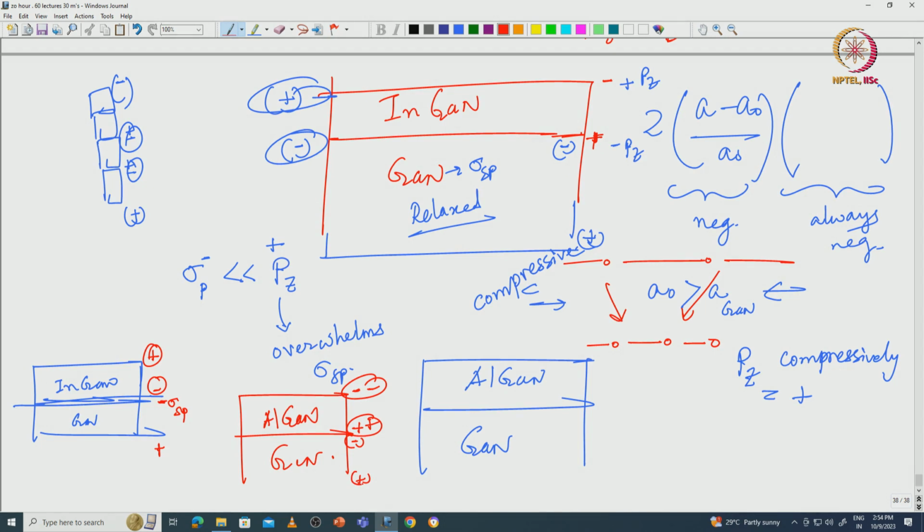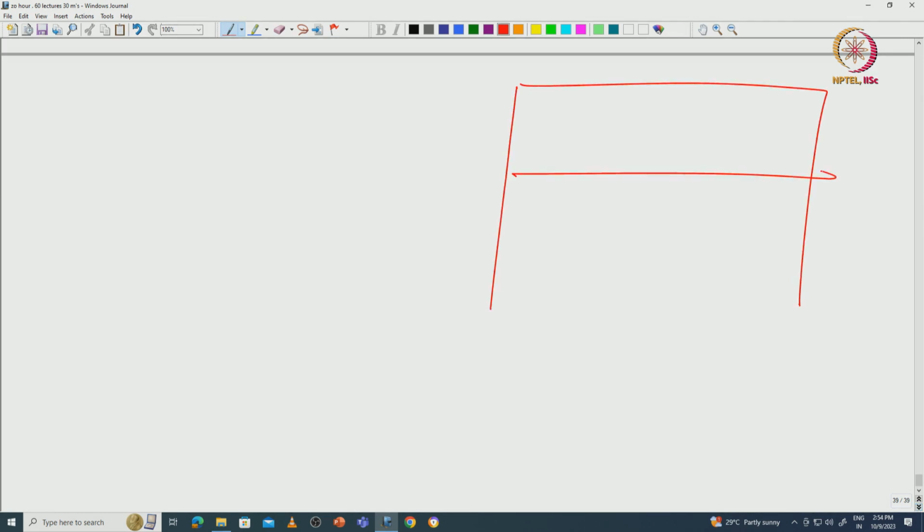Now given this charge distribution, what does the energy band diagram look like? Because if you can draw the energy band diagram, you basically understand the device problem. Suppose someone tells you that I have proposed a new heterostructure where I have AlGaN on top of, say, AlN.